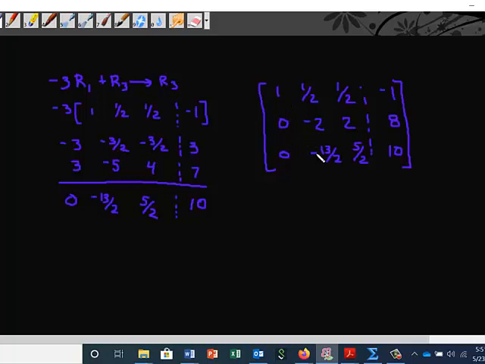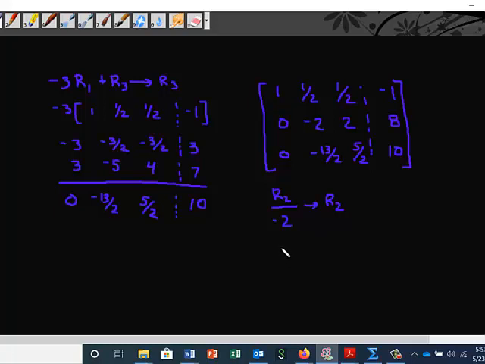Rather than going that way, we'll go straight to the middle to change this negative 2 in this position to a 1. So we want to take row 2 and divide it by negative 2 to get the new row 2.